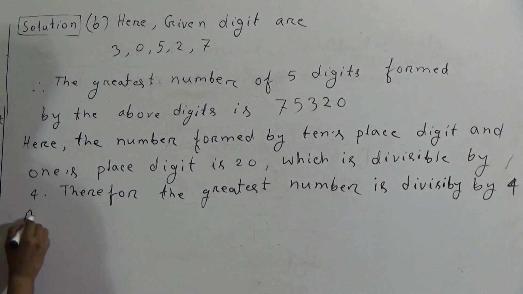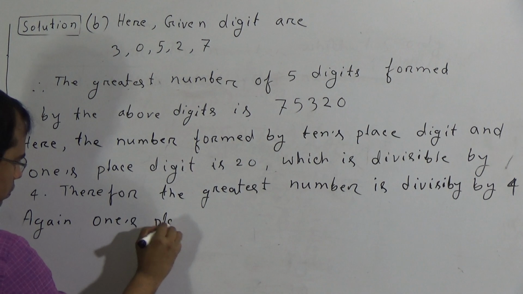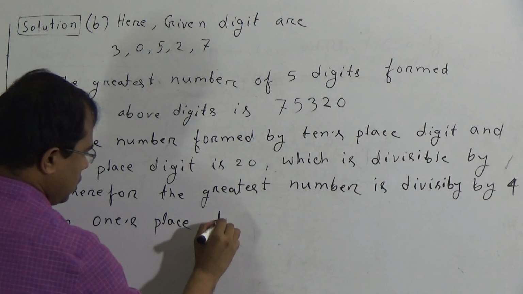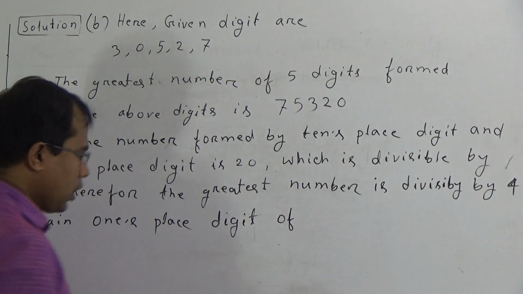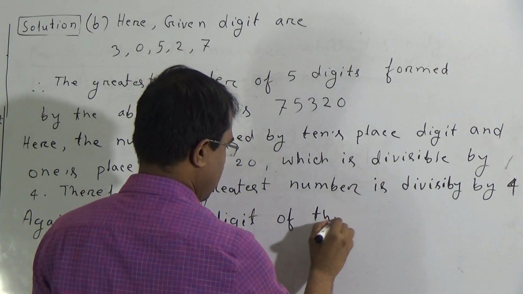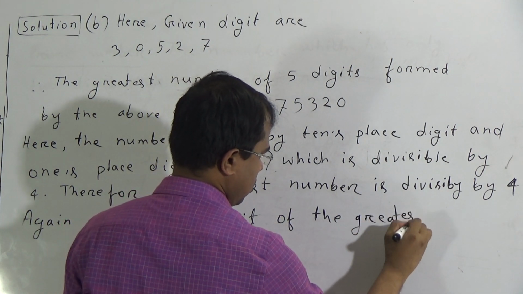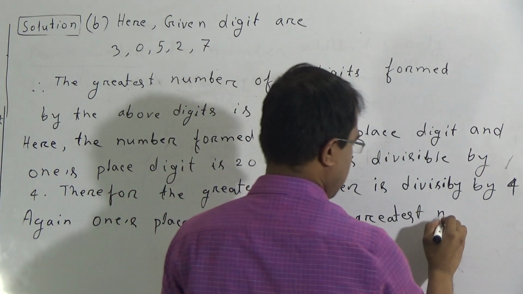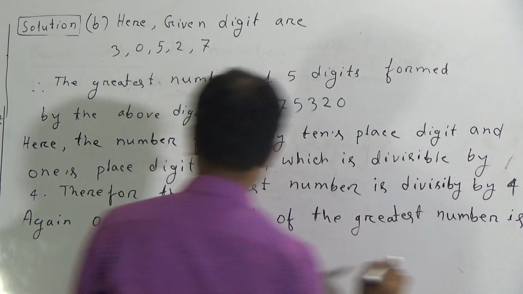Again, the ones place digit of the greatest number is 0.